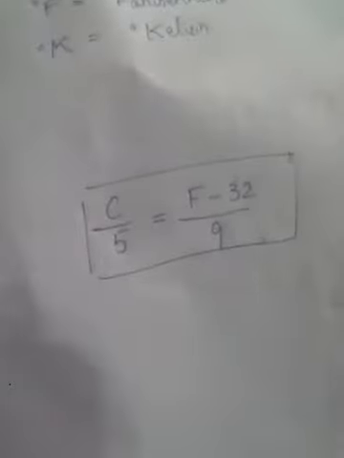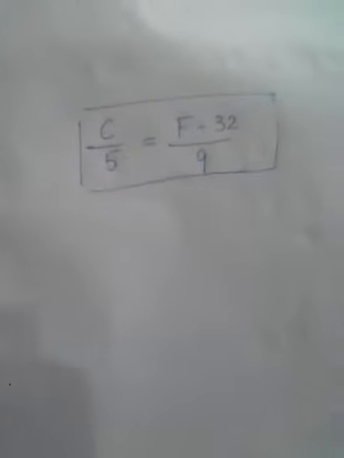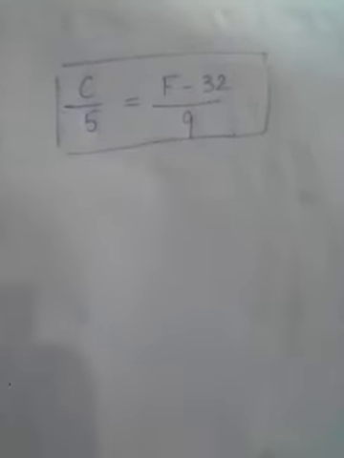So this is a formula which connects Celsius and Fahrenheit. I hope you are understanding. If some units are given to you in Celsius and you are asked to convert them to Fahrenheit, you will be using this formula.